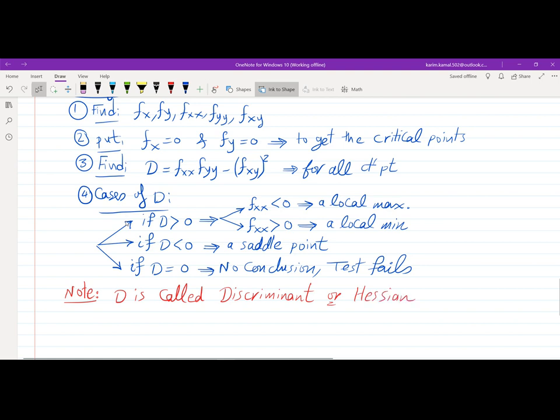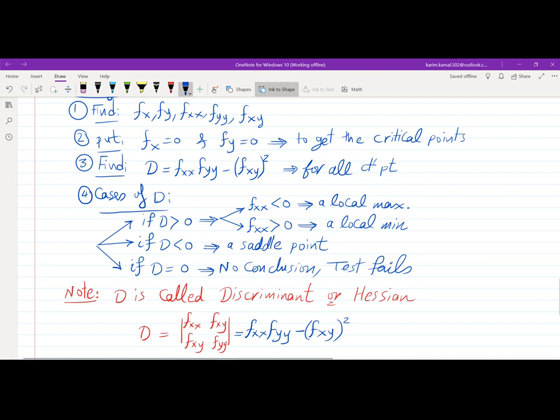It can be found from this determinant, which is D equals the 2 by 2 determinant that includes fxx, fxy, fxy, fyy. And if you expand this determinant, you will get what we taught before, which is fxx fyy minus fxy all squared.